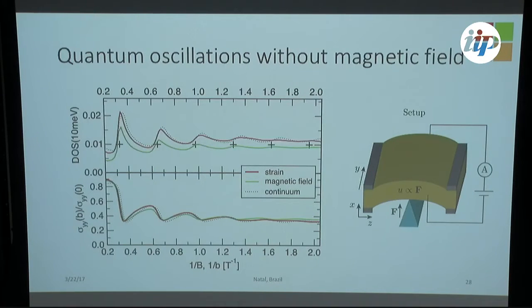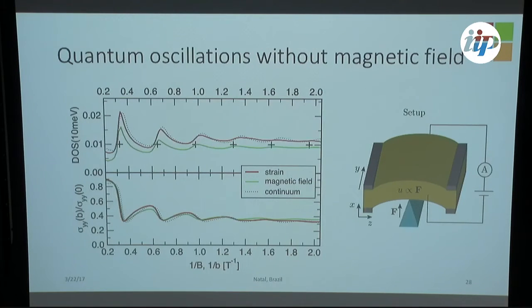Here is again a numerical calculation for this setup where we either apply a perpendicular magnetic field or strain in the plane of this Dirac semimetal, and we indeed have very good agreement between the positions of the peaks in density of states, say, and the continuum theory, for both the strain and the magnetic field.